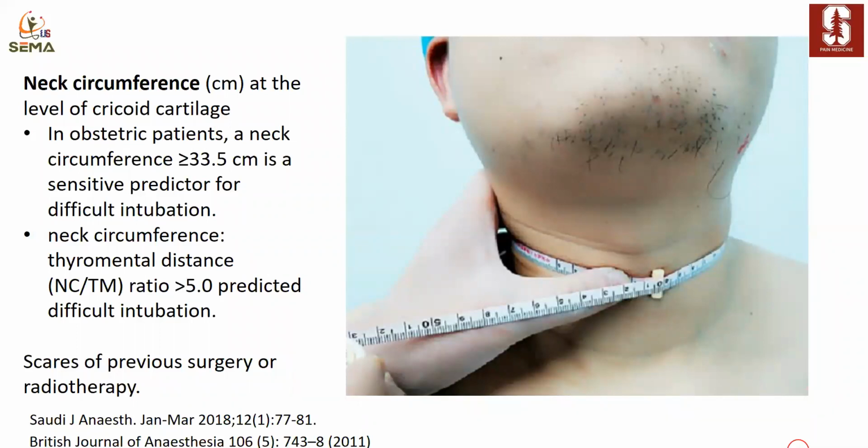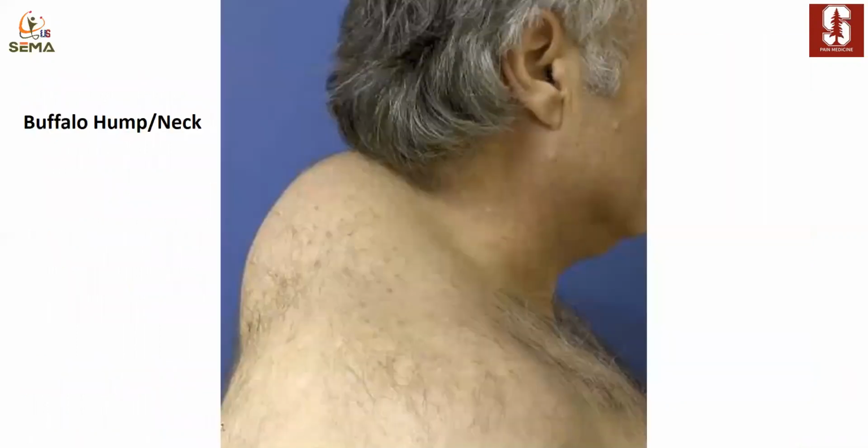While you are doing this and examining the neck, it's important to look for any previous scar, any fibrosis due to radiotherapy. Like if the patient had laryngectomy and received radiotherapy, they often have fibrosis in the platysma, and this is usually associated with difficult intubation. Also, look for any abnormalities at the back of the neck, not only in the front of the neck.